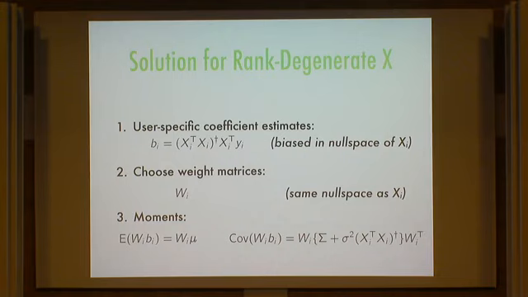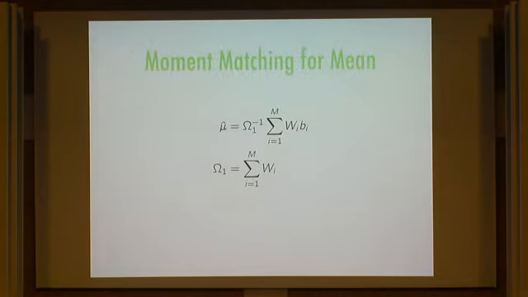Okay. Looking at this equation specifically, this suggests an estimator for mu: I'll take a sum of wi times bi, and then multiply by some inverse matrix, and that gives me an estimate of mu. Specifically, mu hat is going to be the sum of wi times bi, multiplied by the inverse of the sum of all the wi matrices. If I do this, I'll have an unbiased estimate for mu.